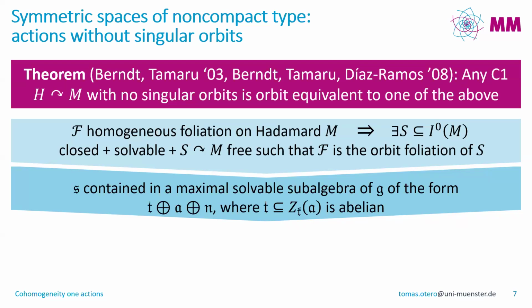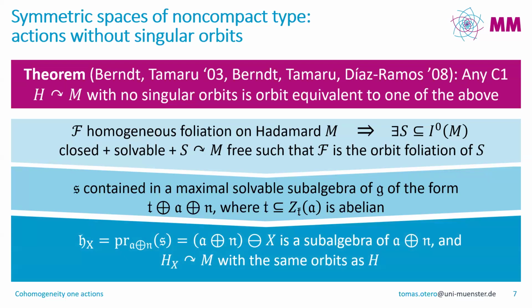And you can give a list of all of the maximal solvable subalgebras of g, but the fact that S acts with cohomogeneity-one implies that this maximal solvable subalgebra cannot be anything. It must be of a very special type, namely it is of the form t plus a plus n, where t is some abelian subspace of the centralizer of a in the isotropy.